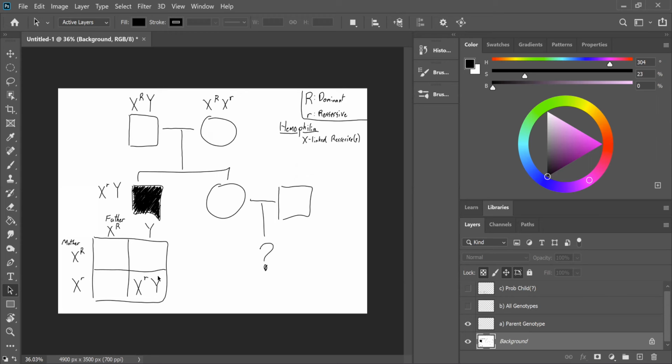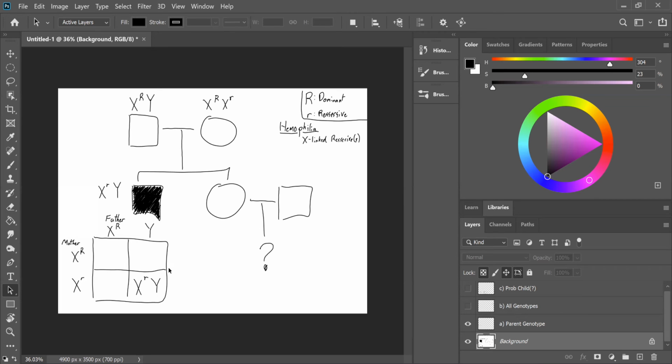He got the Y chromosome from his father, and because his father does not have hemophilia, his X chromosome must be dominant, so it has a big R, as seen above Moira's father. This is Moira's mother, this is Moira, this is the brother, and this is Johnny, and then Moira's and Johnny's child. So that is the genotype for Moira's father.